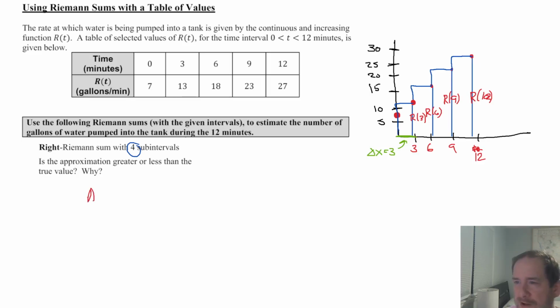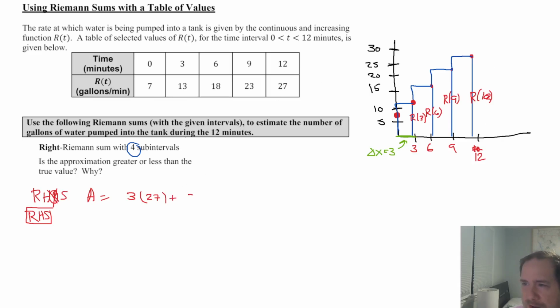So my area, according to my right hand Riemann sum, I think people will write that RHRS. Right hand sum, I think I typically just write RHS. Right hand sum, and we just kind of leave Riemann out of it, I guess. But my right hand sum is going to literally be 3 times, and again, I'm going to start on the right and move my way in, but it'll be 3 times 27, because that's the height of the function at 12.